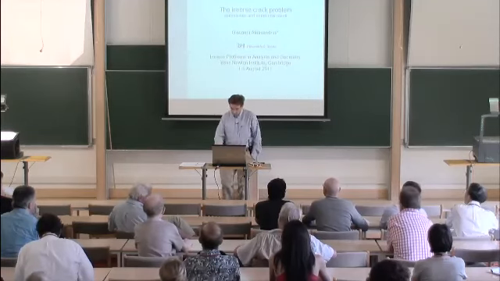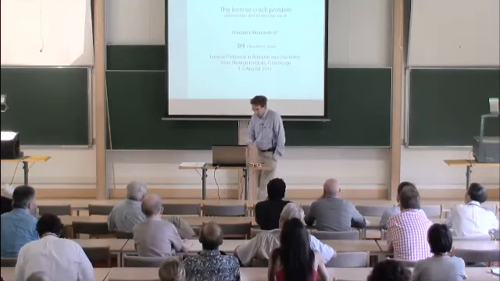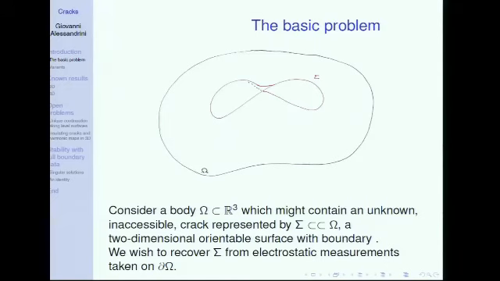So let me start with the basic situation. So the idea is we have one body in three-dimensional space, and within this body there might be a fracture which is modeled by a regular portion of a regular surface which is orientable, and so this surface is okay, doesn't matter, I use this one.